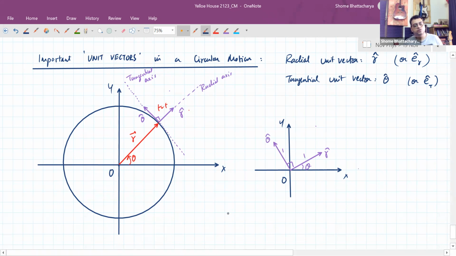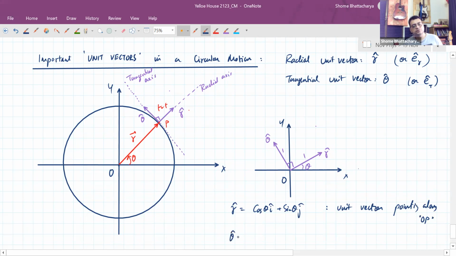So that's how we get the formula for r cap. It is cos theta i cap plus sin theta j cap. So it is a unit vector which points along OP, that line.